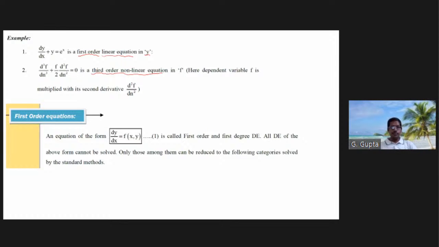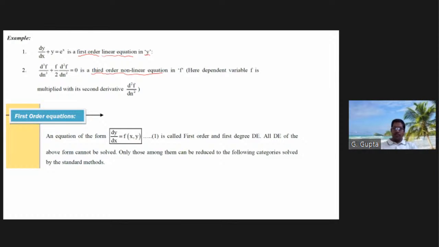Okay. Now, how to find the solution? First of all, first order equations. An equation of the form dy by dx is equal to f of x comma y, equation 1. In this differential equation, the highest derivative is the first derivative, dy by dx, having power 1.